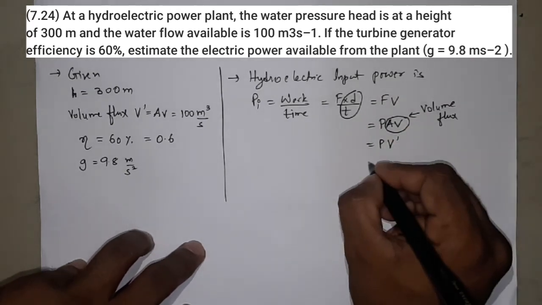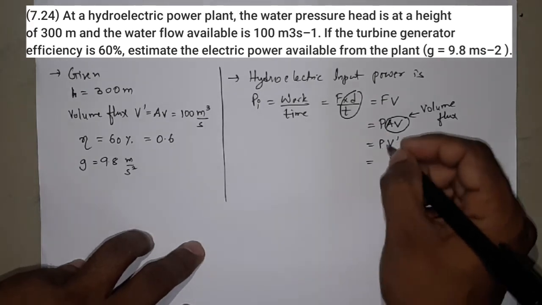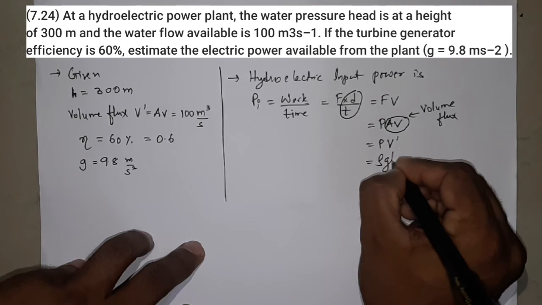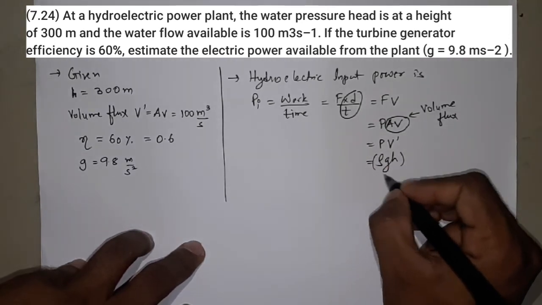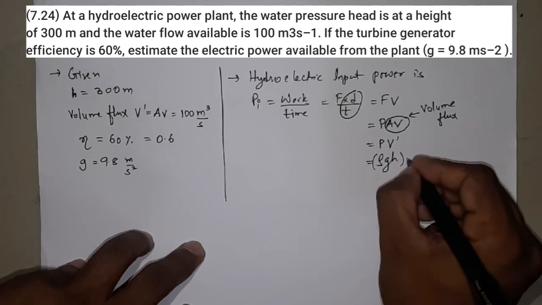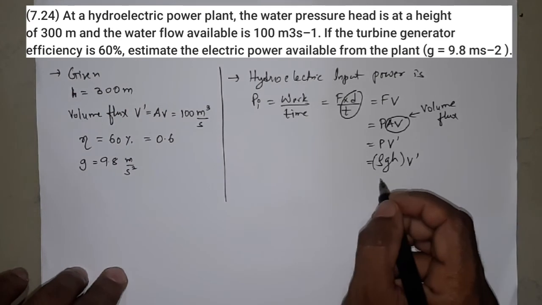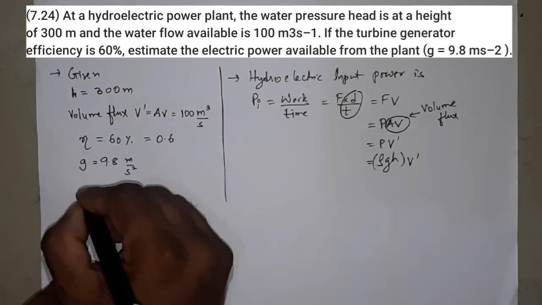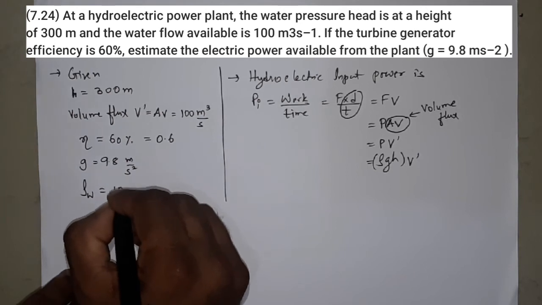Now the equation of pressure by height, that we know, is rho g h. This equation comes in fluid mechanics in 11th standard. So power is rho g h into V dash. Now rho, the density of water, is 1000.